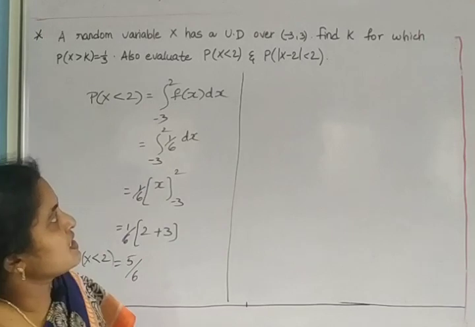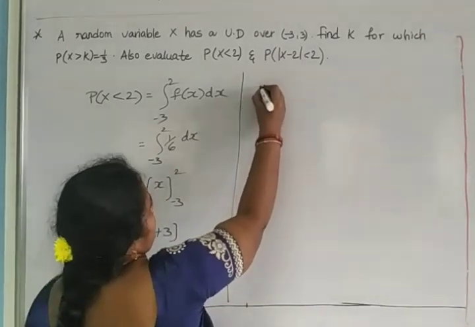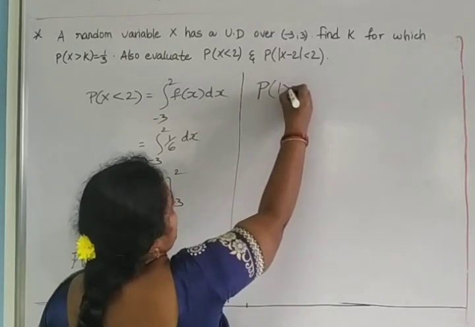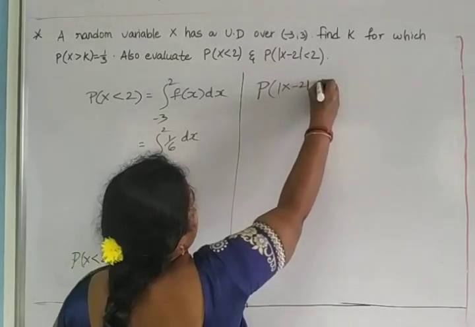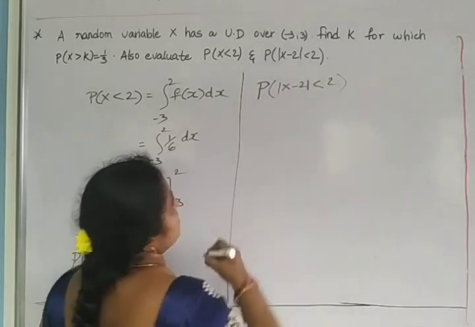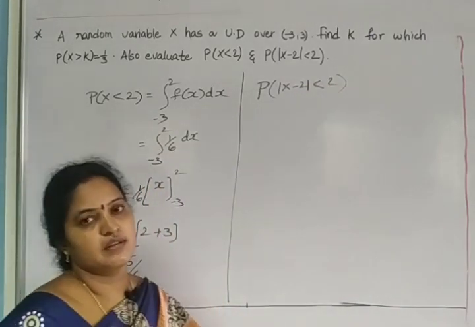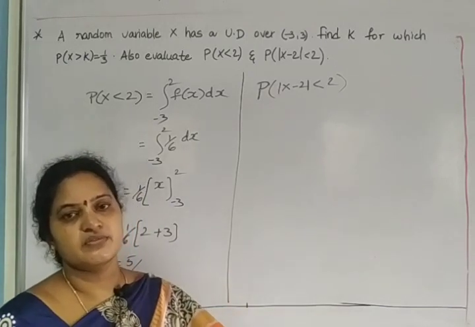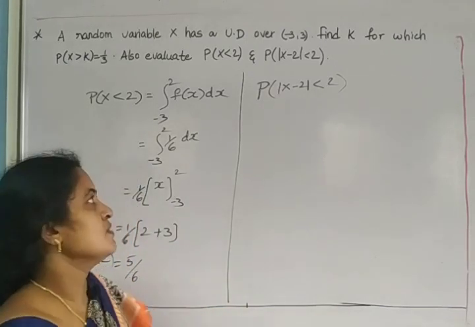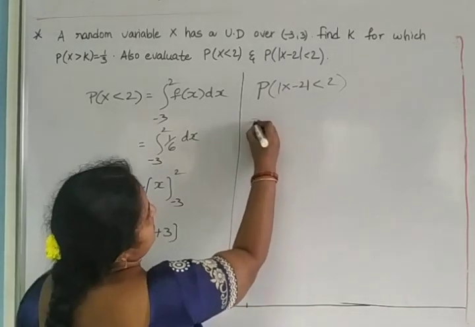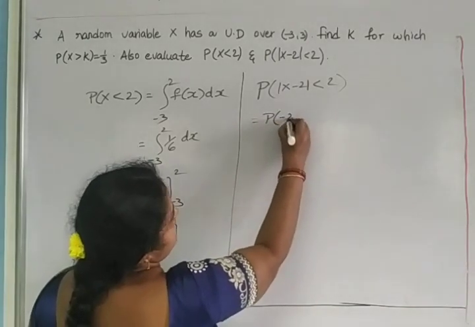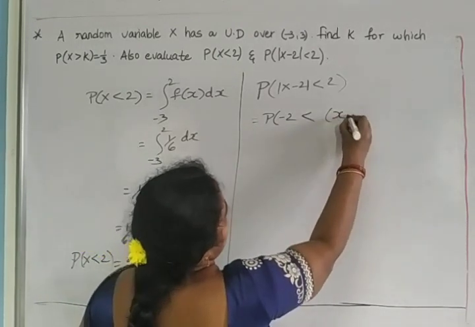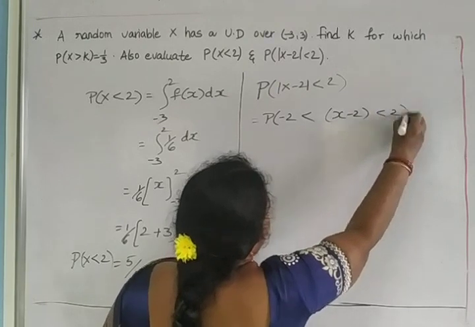Next we will see the probability of modulus of x minus 2 less than 2. So you know that when modulus of x is less than 2 means x lies in between plus or minus 2. So we will write this as P of minus 2 less than x minus 2 less than 2.